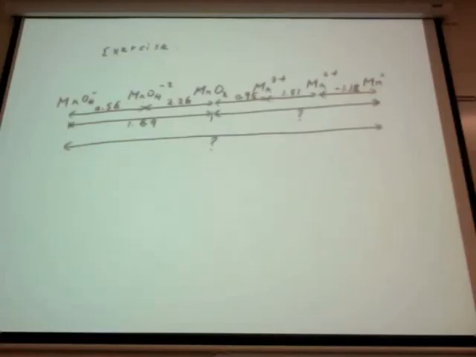You to do this exercise. Okay, so this is just an exercise for your study group that you can talk about. You can even talk about the oxidation number, from that to that, how many electrons transfer.